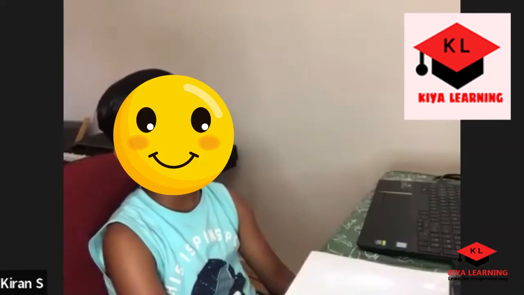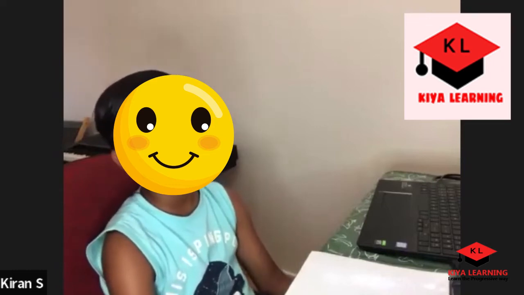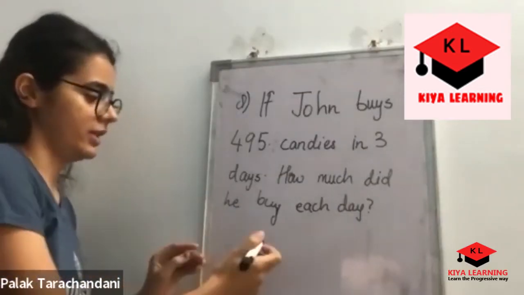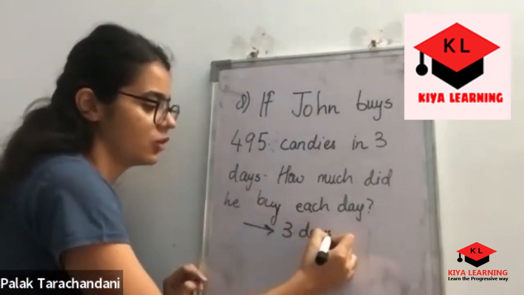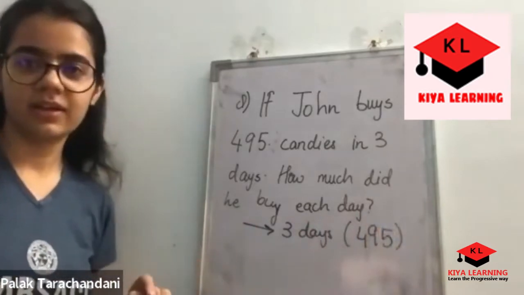If John buys 495 candies in 3 days, how much did he buy each day? Okay, so what your question is really telling you is, at the end of 3 days, John has how many candies? 495, right? Yes.